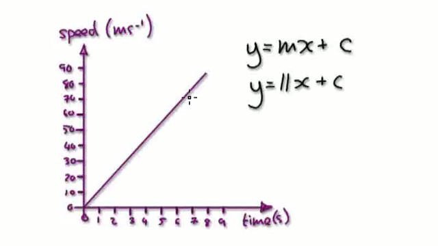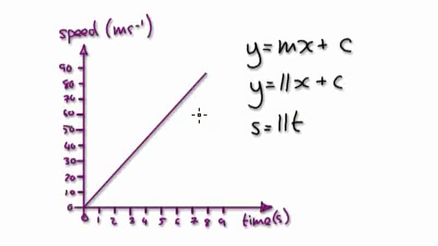Okay, so now we can change the y to an s, and change the x to a t. So this graph is given by s equals 11t.